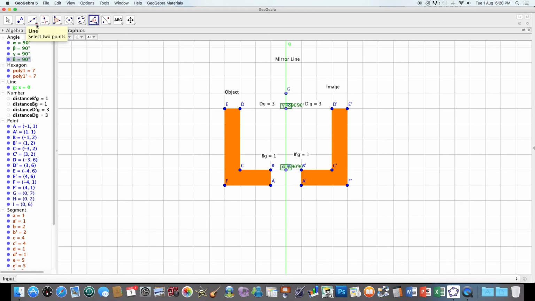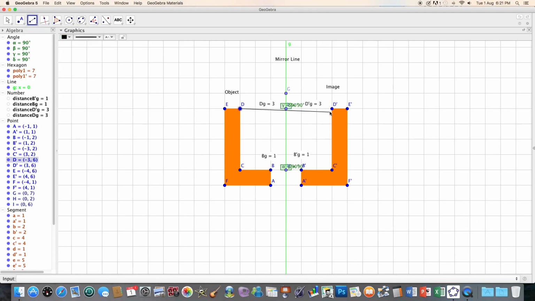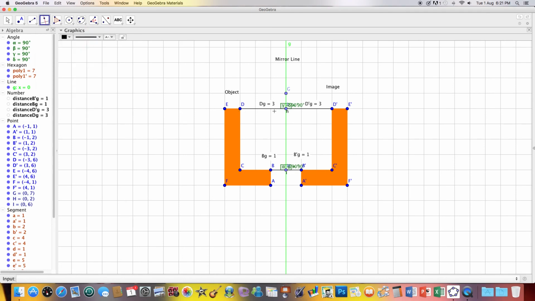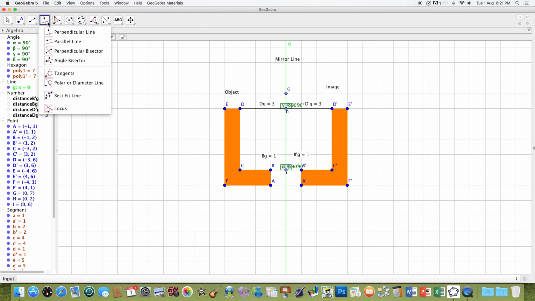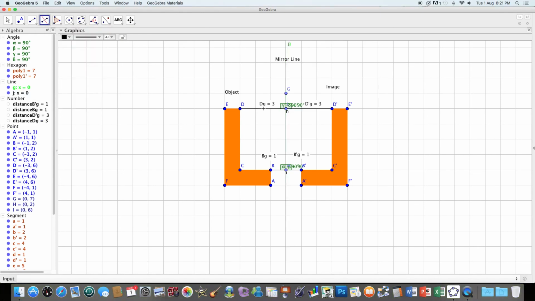In fact, I can show you that by putting in a line segment between here and here, and a line segment from here to here, and then I can ask it to put in the perpendicular bisector of that line by just clicking on it, and you can see it clicks over the mirror line, and the same there with that one.